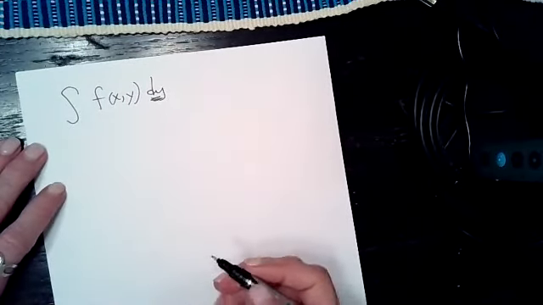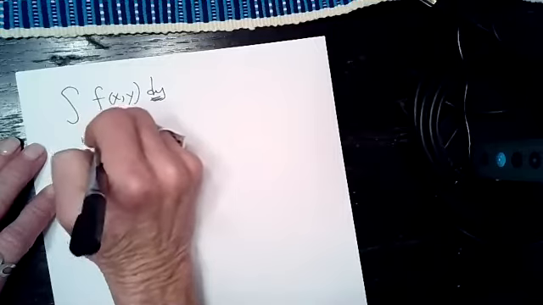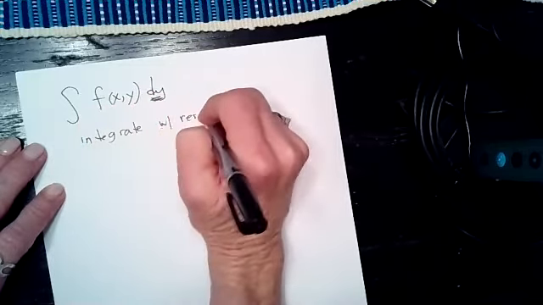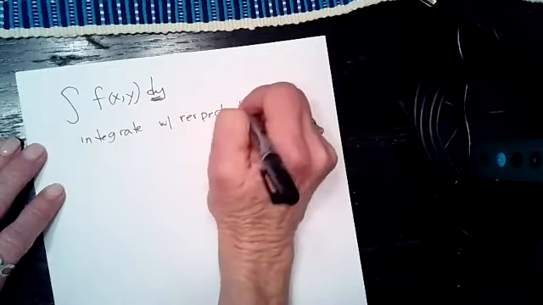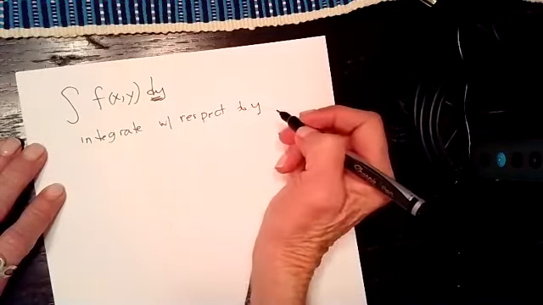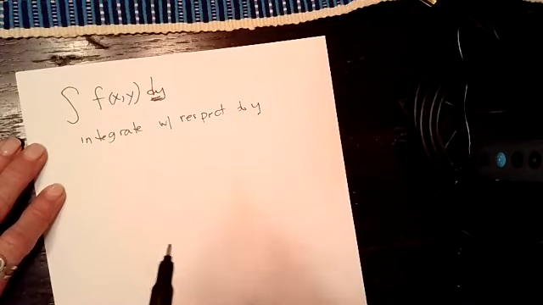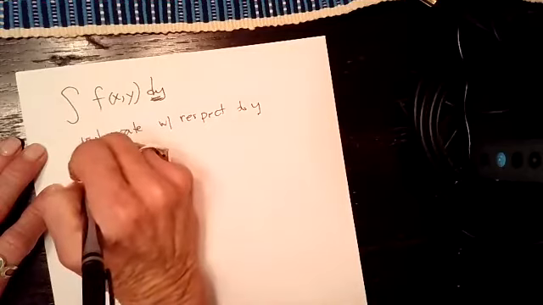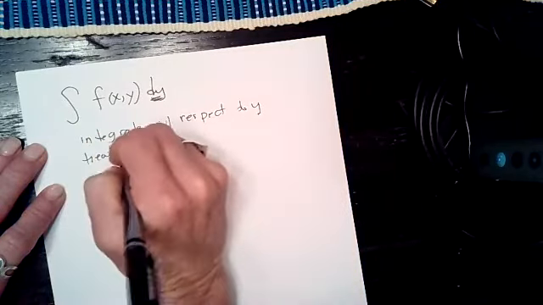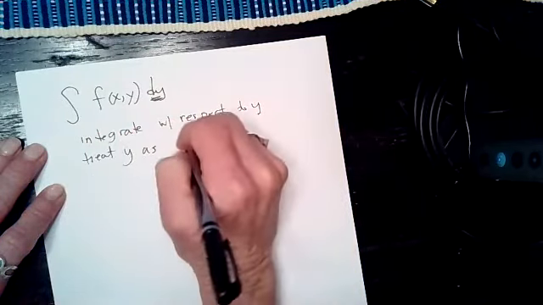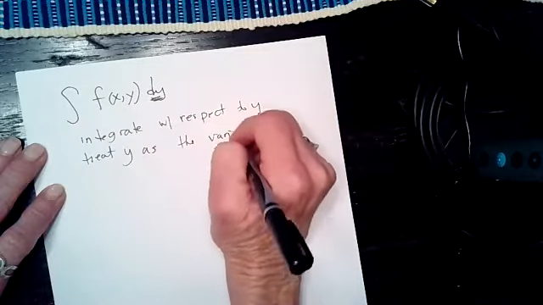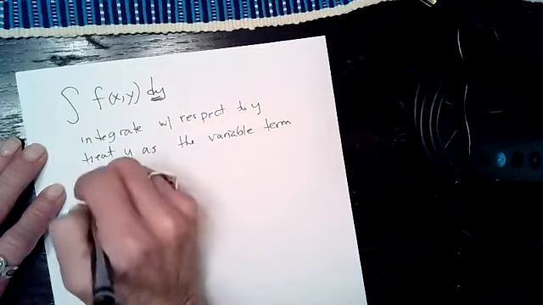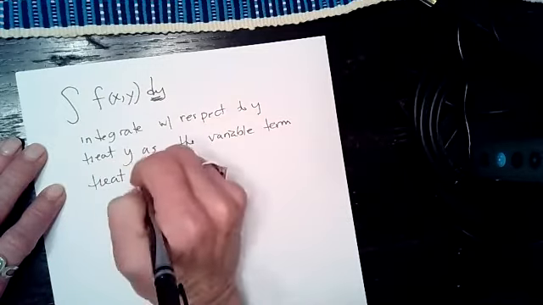I'm integrating with respect to y, and that means I'm going to treat y as my variable term, but I have to do that weird thing and treat x as a constant term.